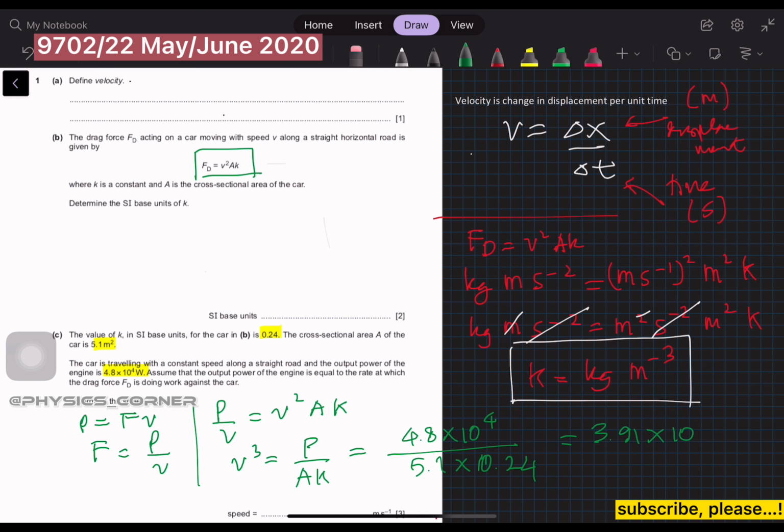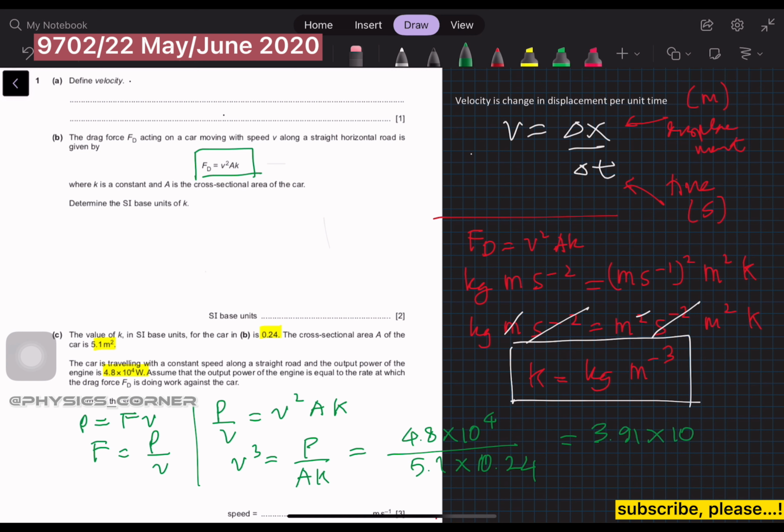So v is the cube root of 3.91 times 10 to the power 4.